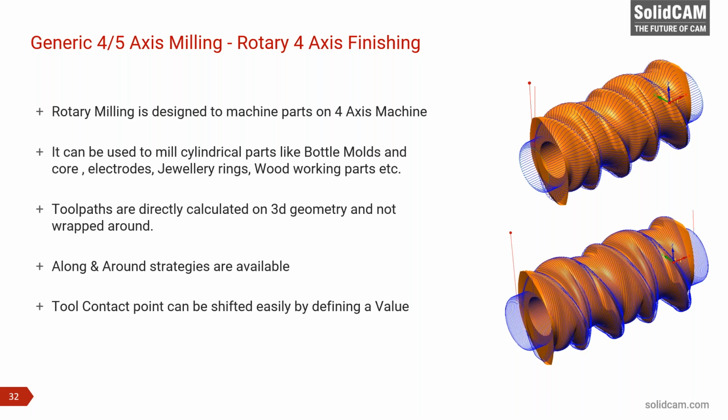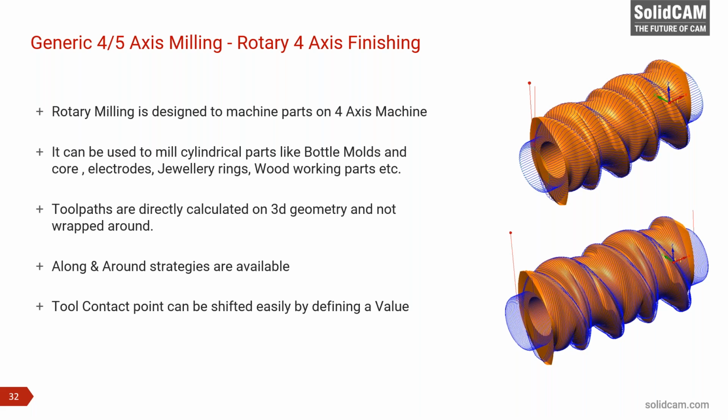It's designed for finishing 4-axis parts that are rotating around a particular axis, just finishing. It can be used to mill cylindrical parts like bottle molds, cores, electrodes, jewelry rings, woodworking parts, etc. Tool paths are directly calculated on 3D geometry and not wrapped around.